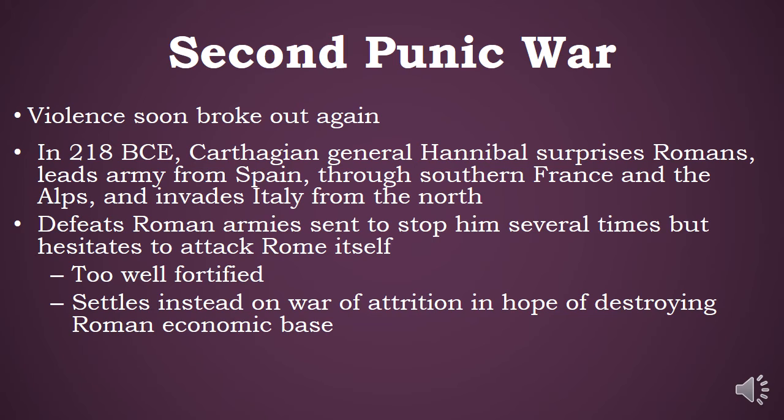And he does this with elephants. So large amount of troops, but the reason this is so famous or gets so much notoriety is because he uses elephants to transport his supplies across northern Africa and southern Europe and through the Alps. It should be noted that when they do go through the Alps and they go through southern France, they are going to face off against another tribal group that the Romans will later fight called the Gauls.